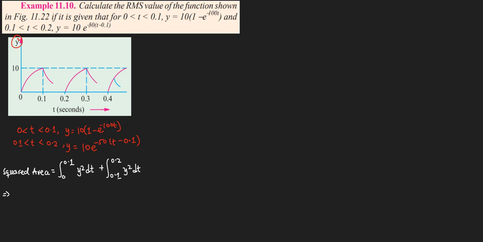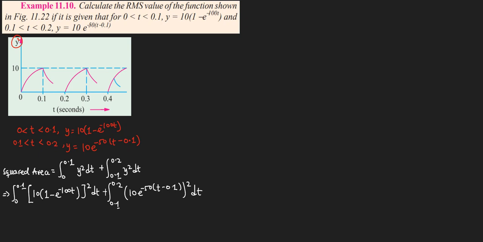When we expand this, we're going to have the integral from 0 to 0.1 of (10 multiplying 1 minus e to the power minus 100t) all squared dt, plus the integral from 0.1 to 0.2 of (10 e to the power minus 50 multiplying t minus 0.1) all squared dt. So let's look at how you are going to find this integral.